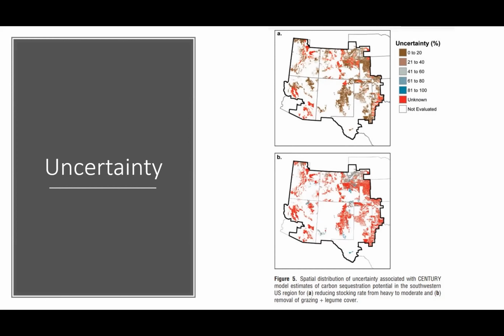So we do a pretty good job in the model that we use, the Century model, which is the basis for COMET-Farm planner and COMET estimation tools. So if we want to predict the effect of reducing stocking rate on soil carbon, we can say our model is pretty good.